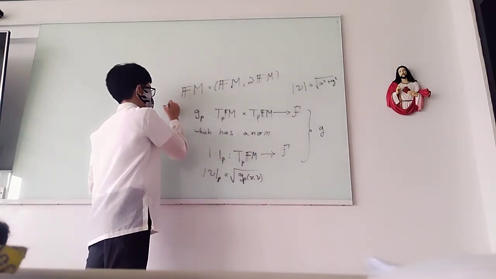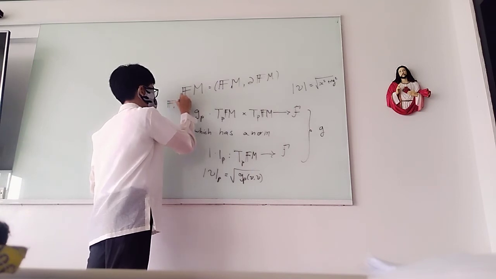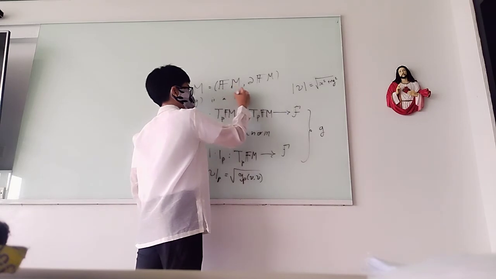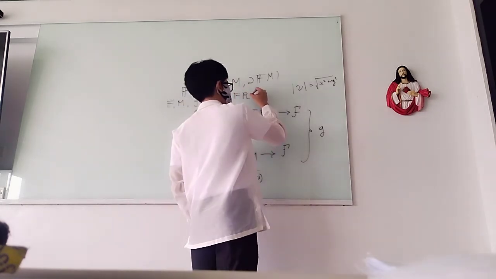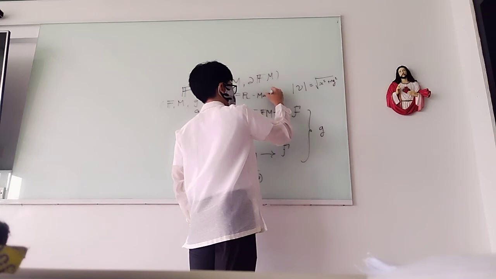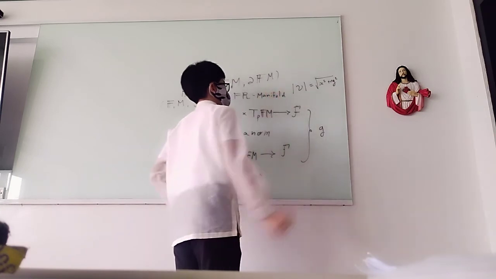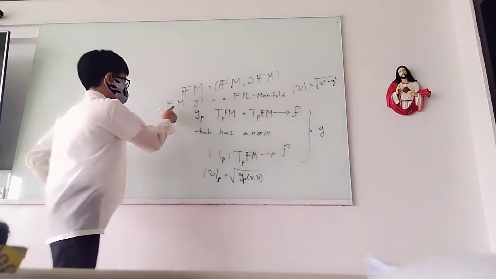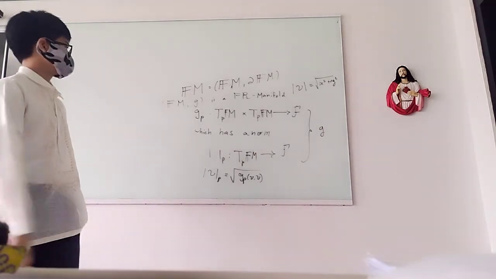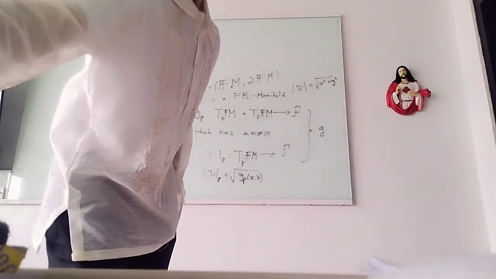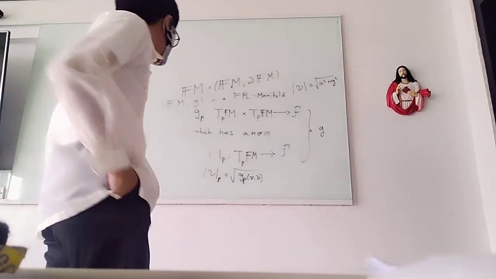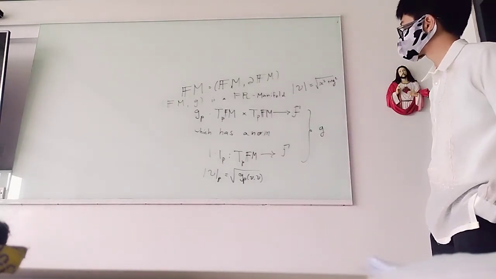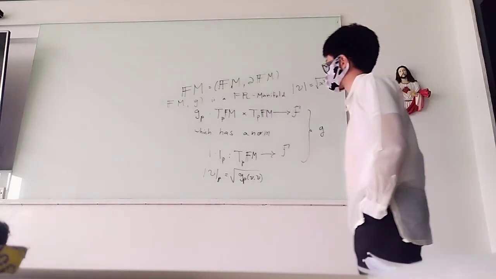This over here, Fm, equipped with G, is a Femboy Riemannian manifold. And there, our work is done in constructing this thing. Relatively easy thing to construct if you know about tangent spaces and tangent bundles. But yeah, this is our FR-Manifold.